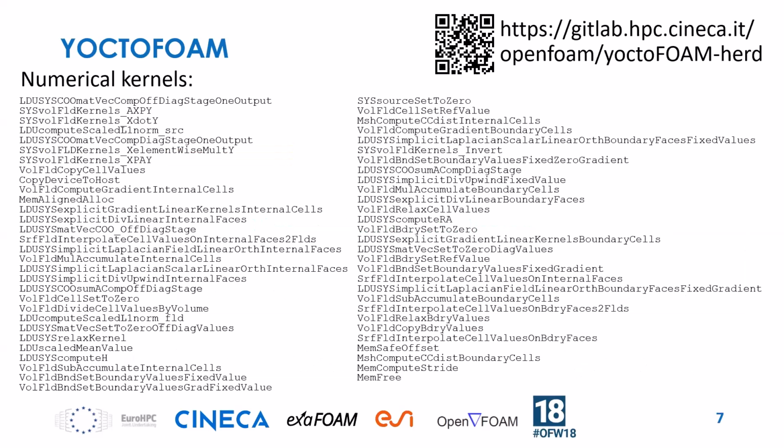Here is a full list of all the kernels that we use to run our version of SimpleFOAM. They seem like complicated names. Instead, they just represent some basic stuff, for example, AXPY operations between vectors and stuff like that. And this modularity allows us, for example, to take in block this numerics library and substitute it for one that is tailored to running on GPU.